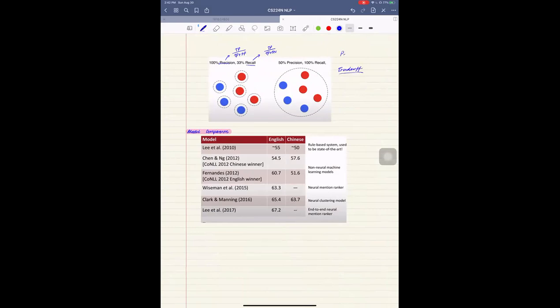As long as the precision increases, the recall is going to drop. Or if you have a high precision, then you must have a low recall. Okay. So in order to solve that kind of problem, most of the time we don't just use precision and recall. Most of the time we just use the F1 score. Okay. So that's how you can do the evaluation.